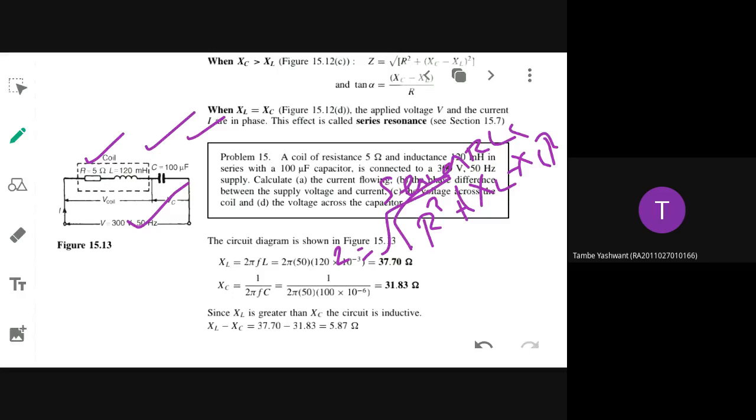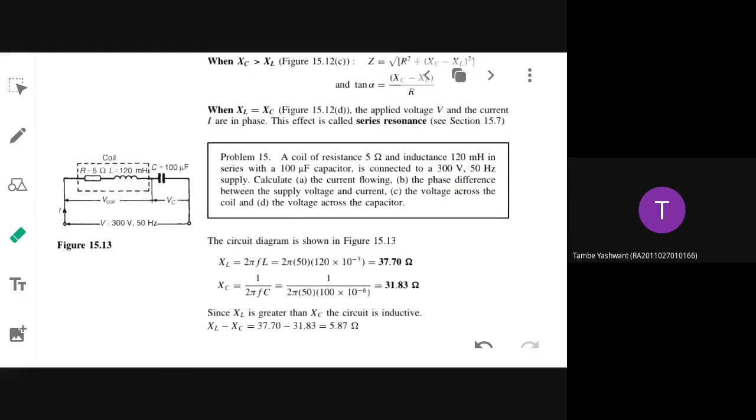So what's the formula for impedance that you got? What is the answer? Have you got 5.87? Sorry, not 5.87. Current is given by V by Z. V is directly given, 300 volt. Z you have to find.